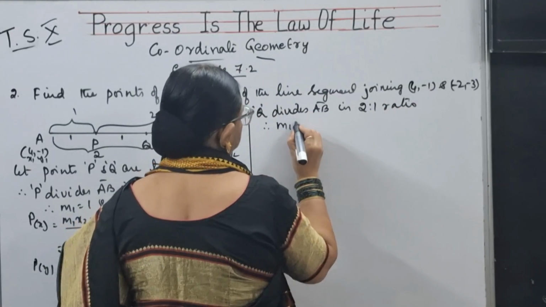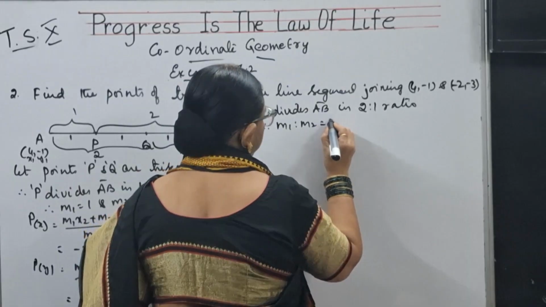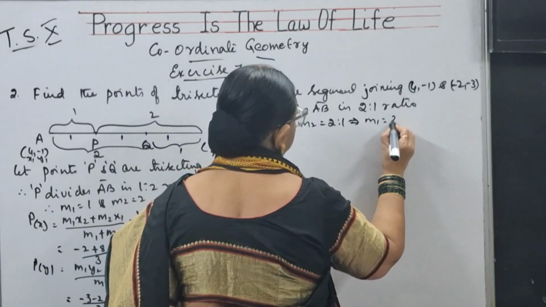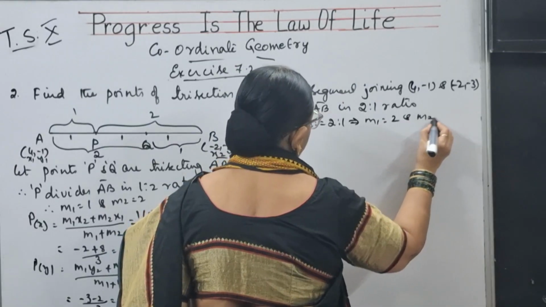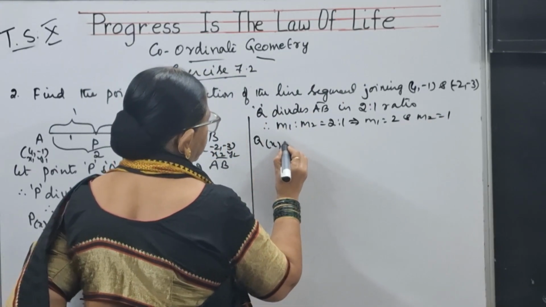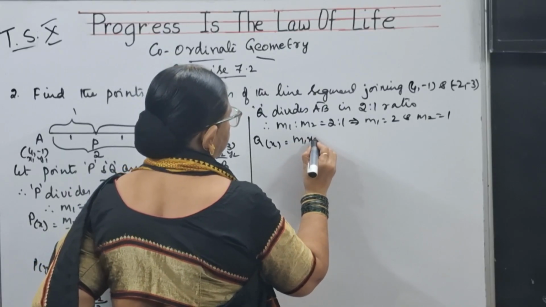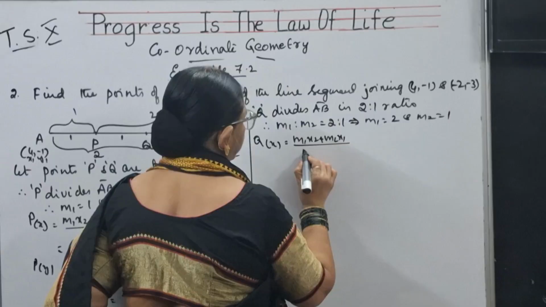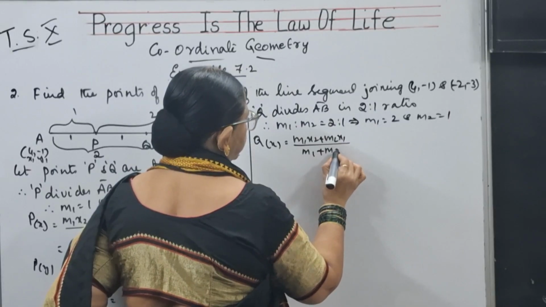Therefore, M1 is to M2 is equal to 2:1. This implies M1 is equal to 2 and M2 is equal to 1. So Q of X is M1 X2 plus M2 X1 by M1 plus M2.